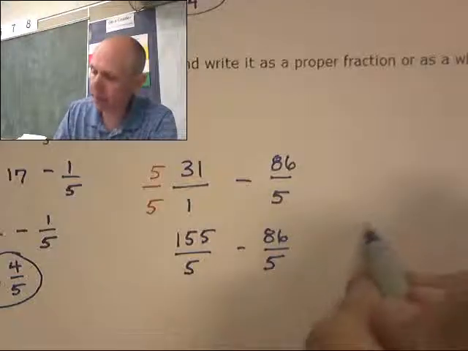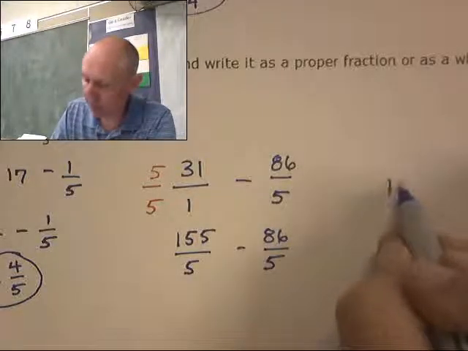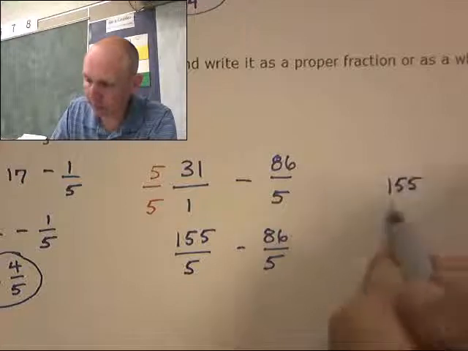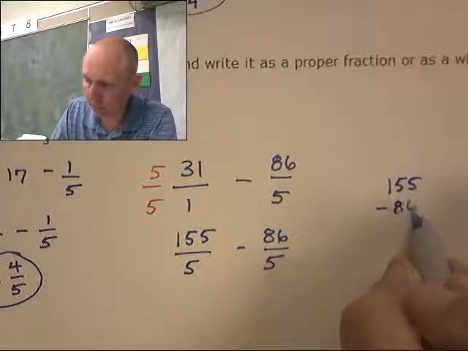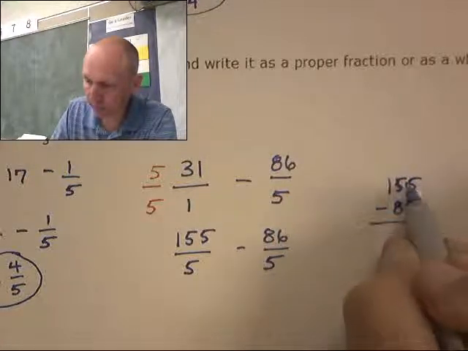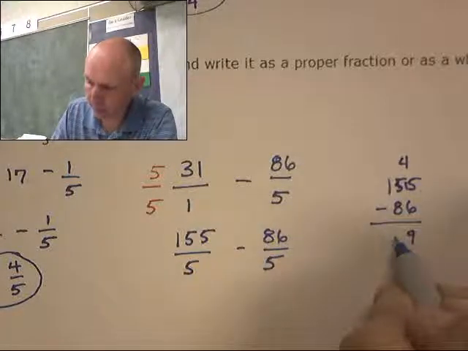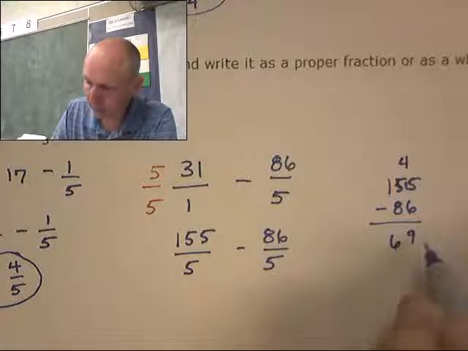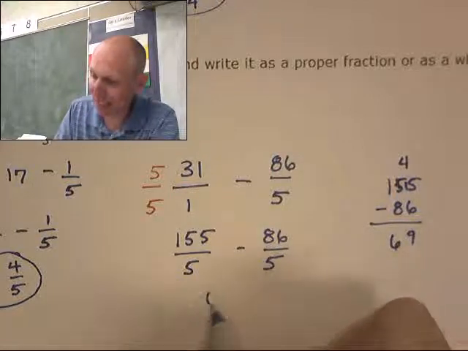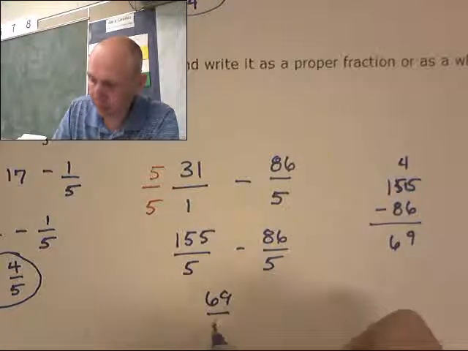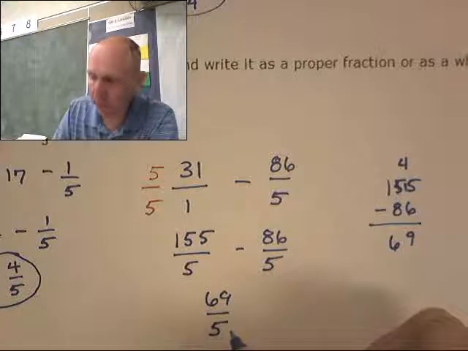155 minus 86, come off to the side here. Gives me 69 fifths.